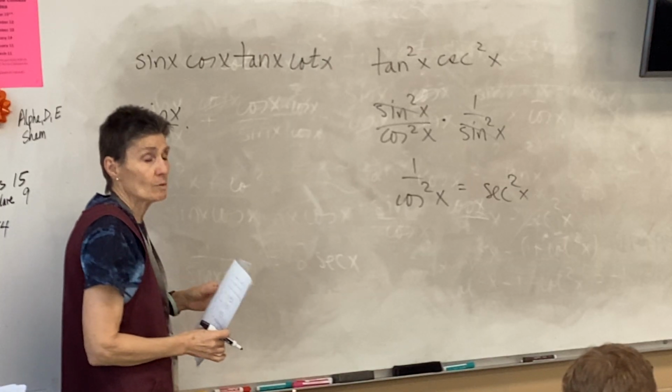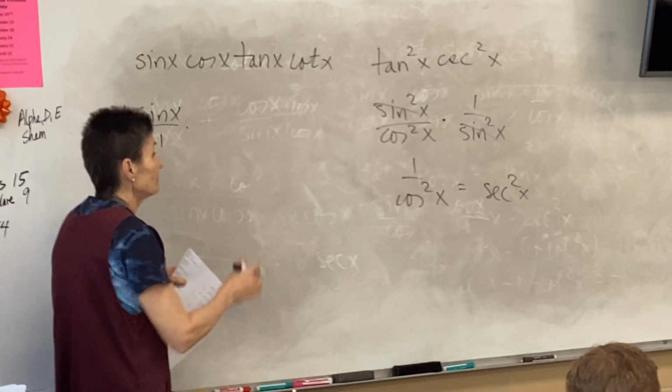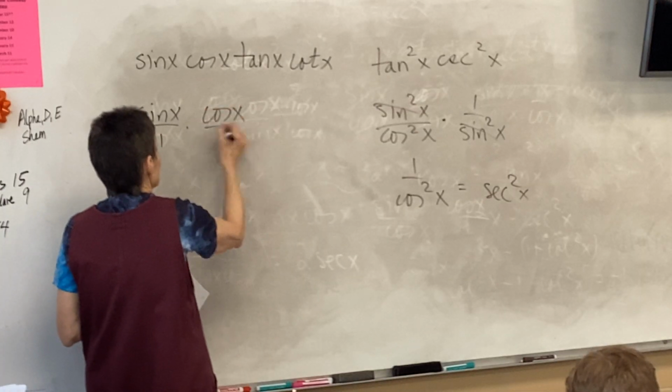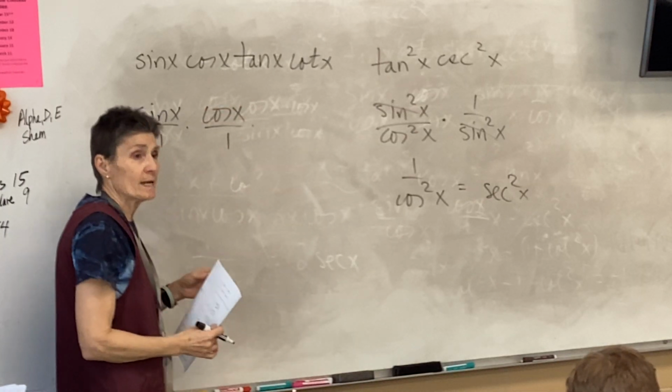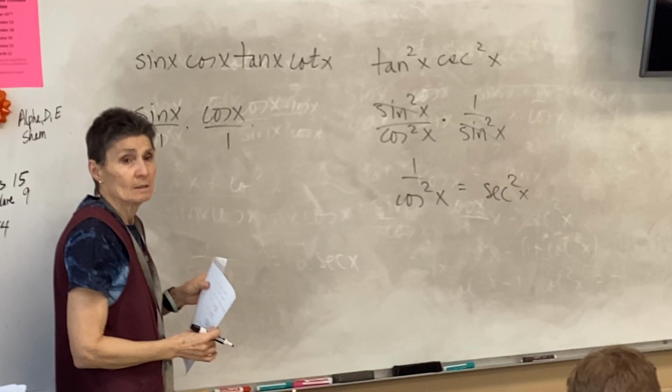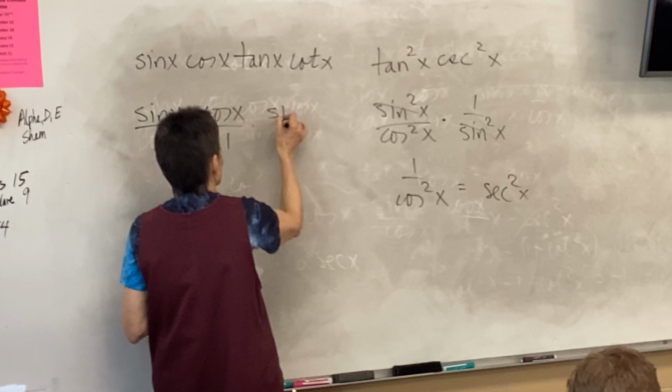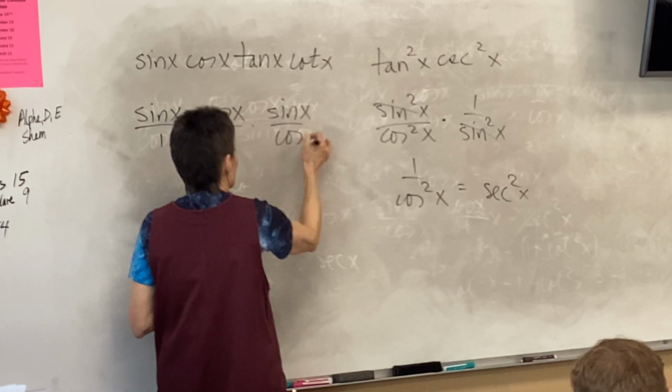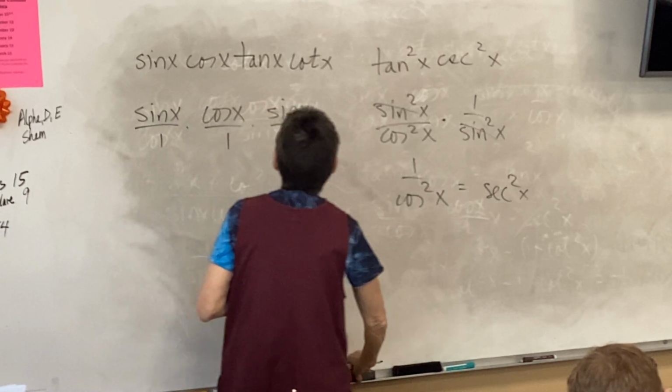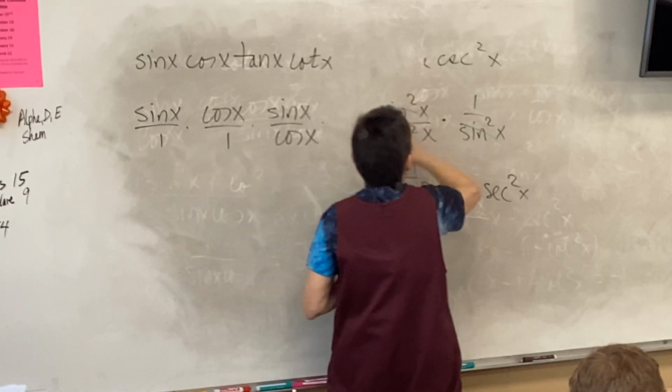What are you gonna do with cosine? Nothing. Cosine over 1. What are you gonna do with tangent? What's tangent? Sine over cosine. And what are you gonna do with cotangent?